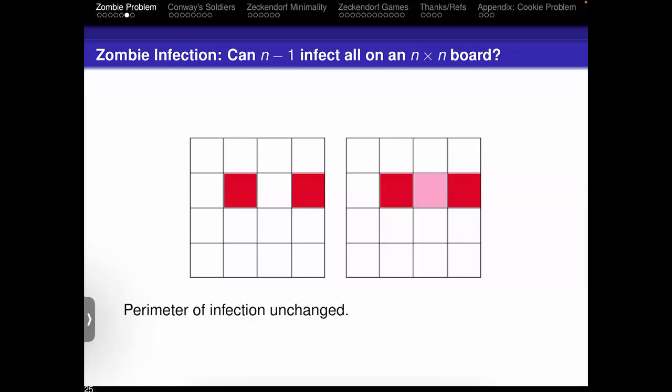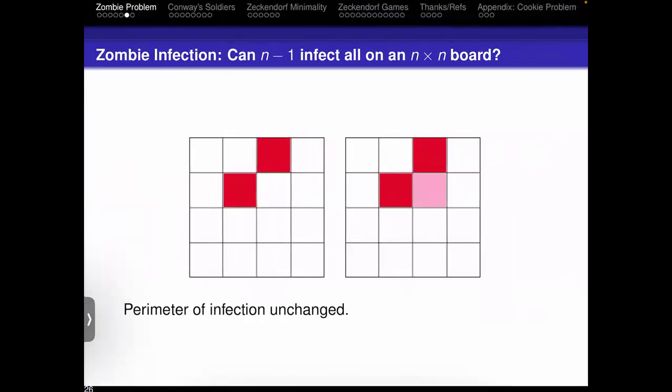So this white cell that's going to be infected, initially, two of those walls are part of the infection as exterior walls. And after it's infected, how many of the new infected cells' walls are exterior walls? 2. Has there been any change in the number of exterior infected walls? No, I started with 2, I ended with 2. The perimeter of the infection is unchanged.